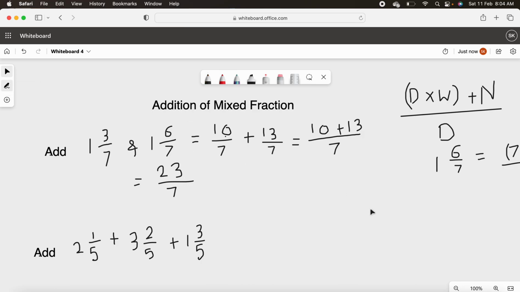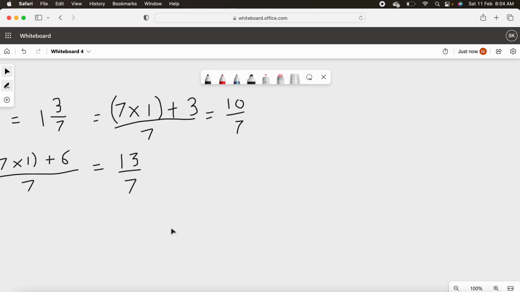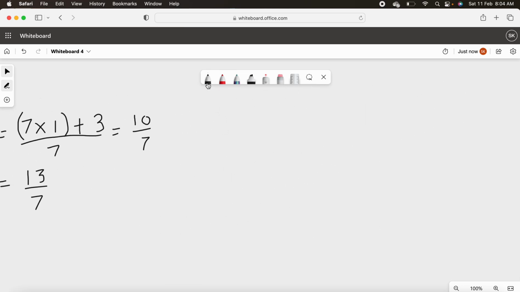Let's get more real estate for that. 23 by 7. How do you convert 23 by 7 into mixed fraction, boys? 23 divided by 7. Start your 7 tables. 7 ones are 7, 7 twos are 14, 7 threes are 21. Correct? 21.